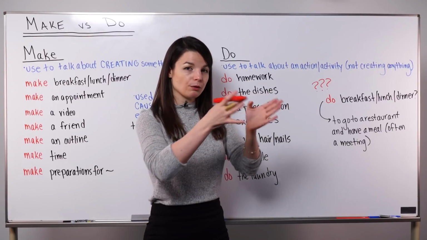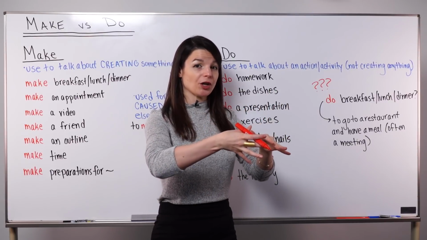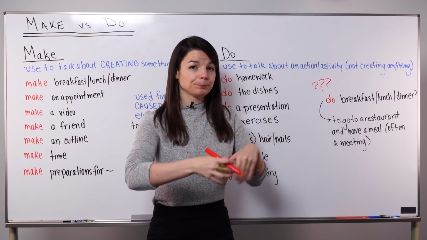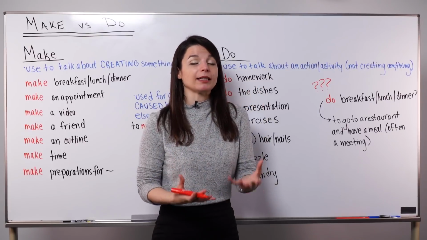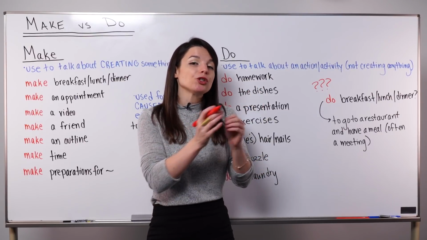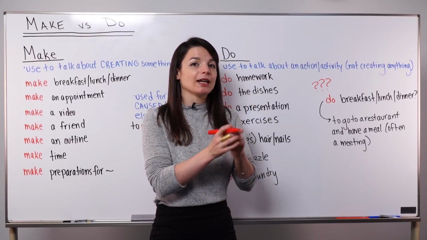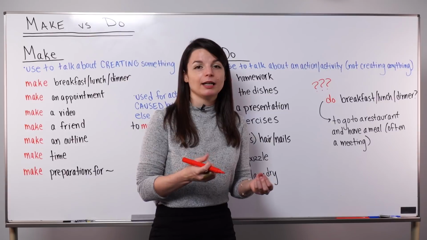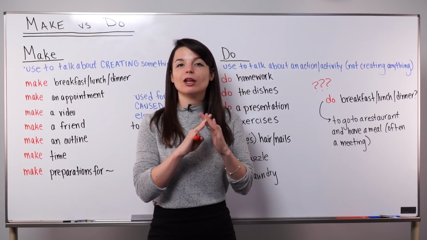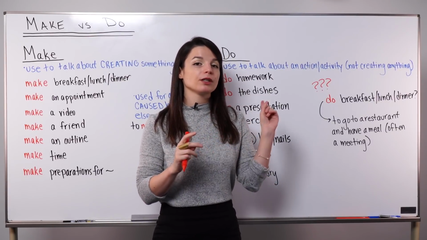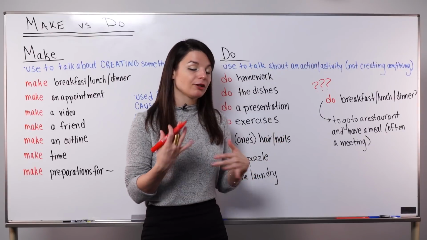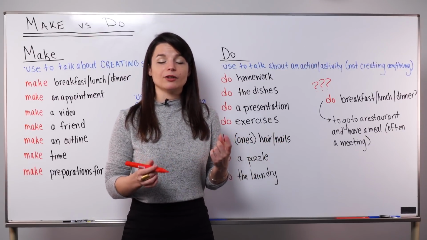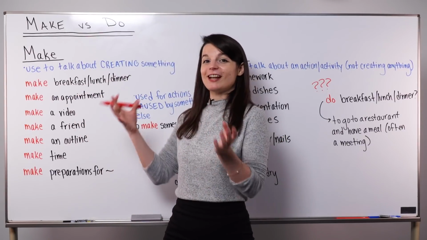So like you go to a restaurant or you go to a coffee shop and you have a meeting there, and you can informally, casually invite someone to the meeting with you by saying, do lunch. Like, let's do lunch, let's do coffee, let's do dinner. It often sounds like some kind of informal meeting. So using do in this way creates a casual feel, and there's no feeling of creating anything.